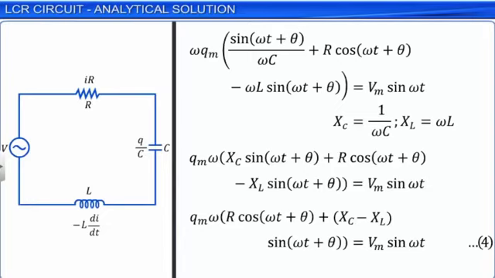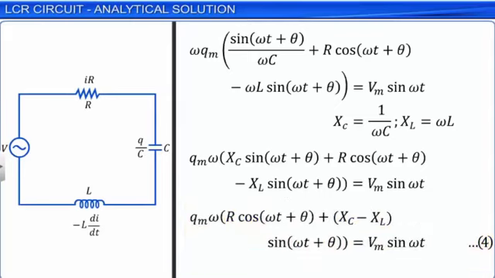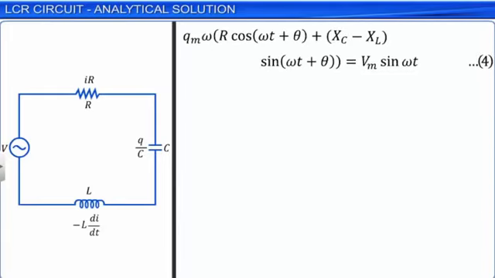Similar to resistance in a DC circuit, we introduce a quantity called impedance in AC circuits, denoted by Z. Here, Z is the impedance of the LCR series AC circuit and is expressed as Z equal to under root R square plus (Xc minus XL) square. In equation 4, multiplying and dividing the left-hand side by the impedance Z, we get equation 5.